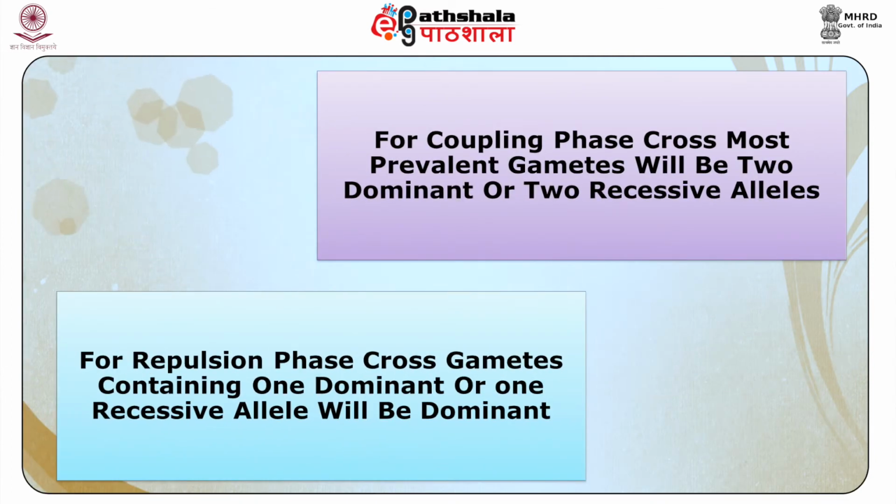For a coupling phase cross, the most prevalent gametes will be those with two dominant alleles or those with two recessive alleles. For repulsion phase crosses, gametes containing one dominant and one recessive allele will be most abundant. Understanding this fact will be important when you calculate a linkage distance estimate from your data.